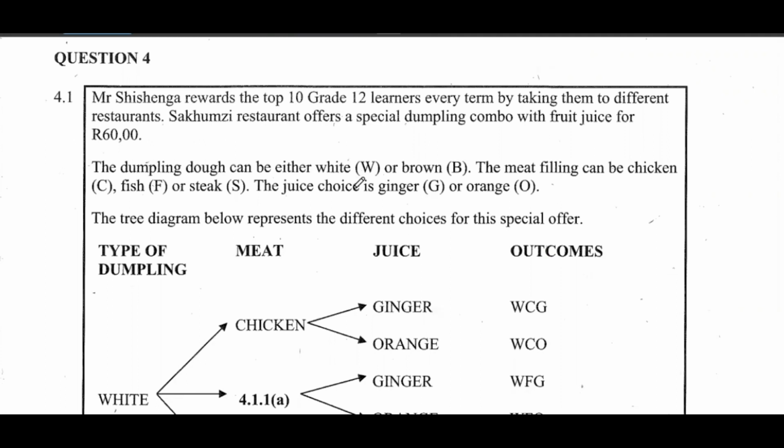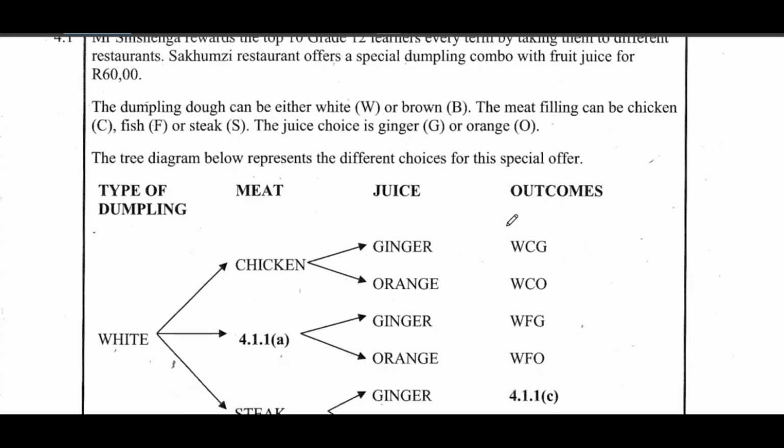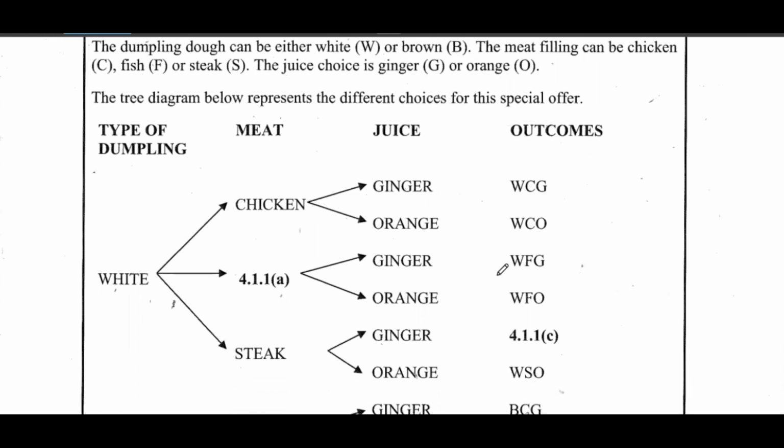The meat filling can be chicken, fish, or steak. Juice is either ginger or orange. The tree diagram below represents the different choices for this special offer: type of dumpling, meat, juice, and outcomes.